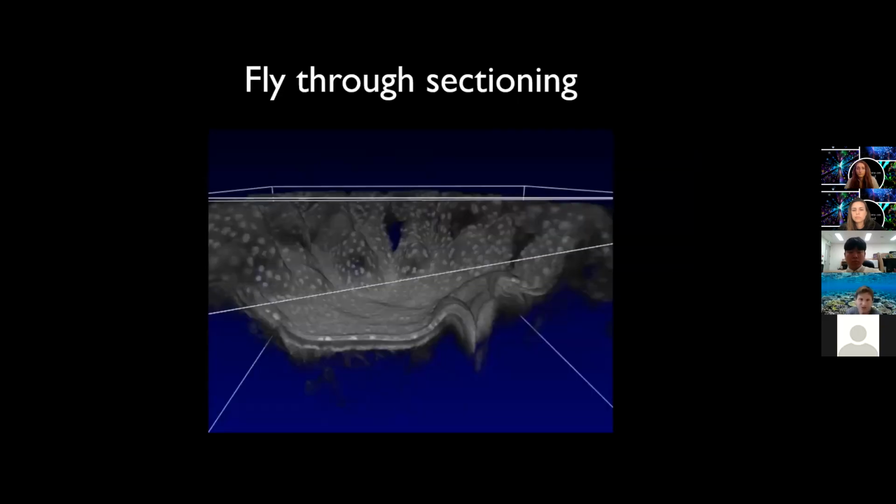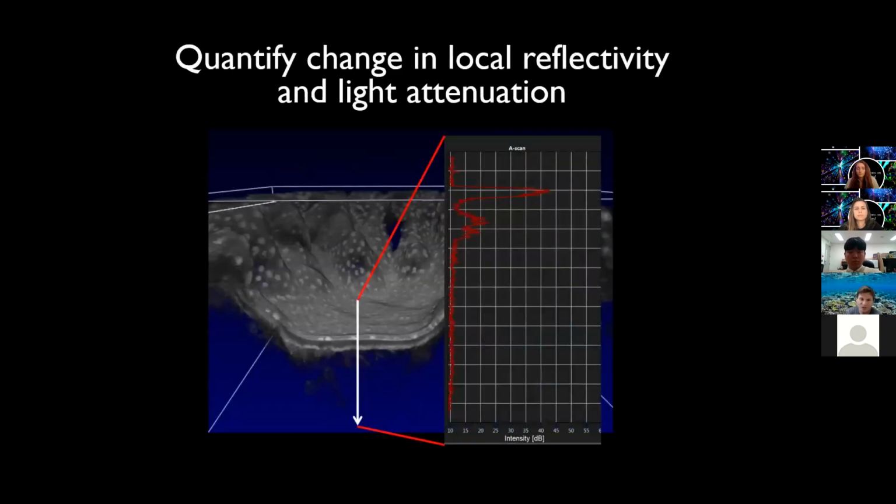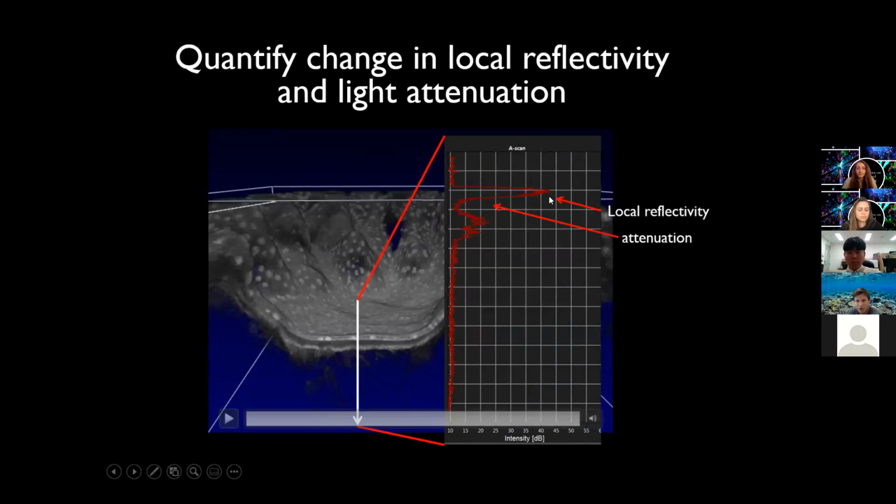If you calibrate the OCT system, you can also use the signal attenuation of the A-scan, so the vertical attenuation of the OCT signal, to calculate some optical properties. We have developed a model that calculates the anisotropy of scattering from the local peak of reflectivity here, and the attenuation yields the scattering coefficient.